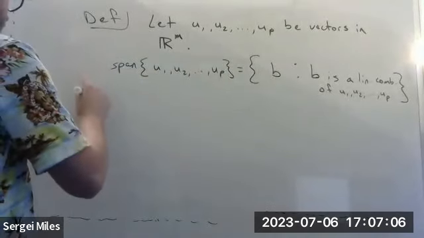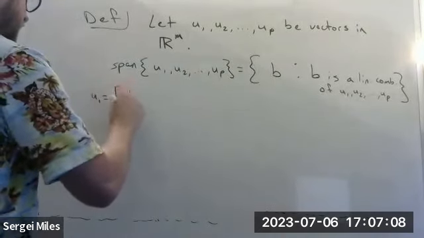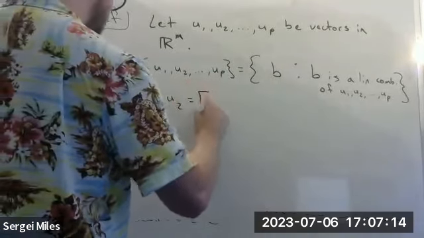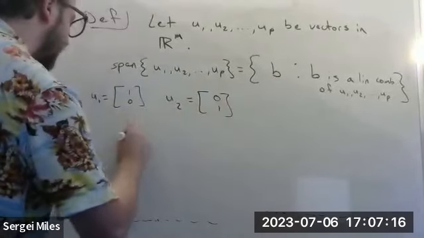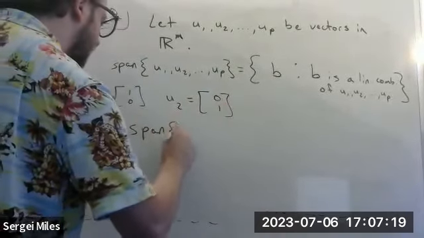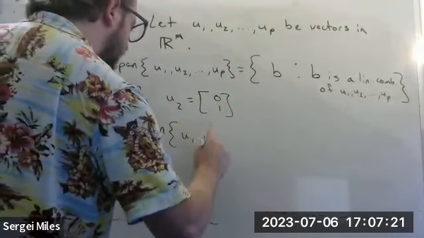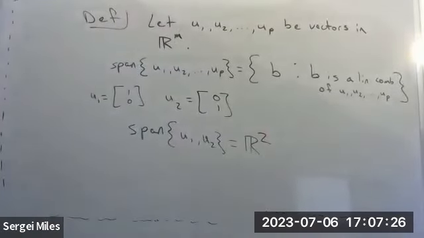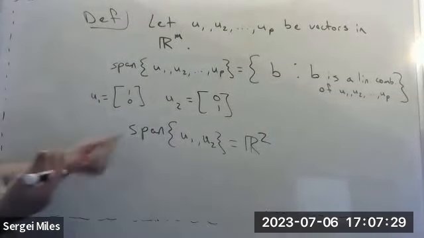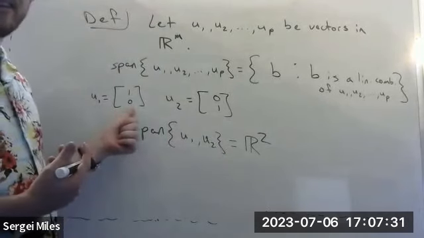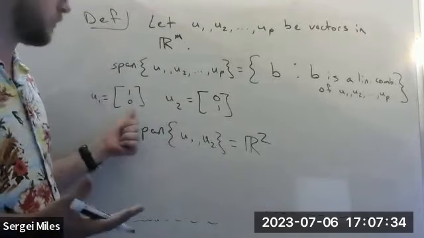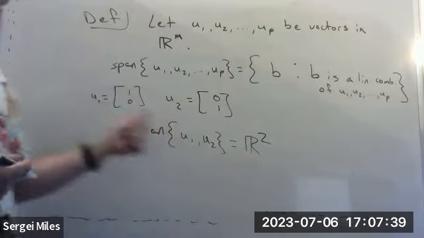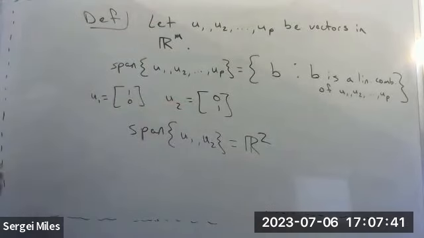So for example, if U1 is (1, 0) and U2 is (0, 1), then the span of U1 and U2 is all of R2. Why is that? Remember, as we saw in the lecture for section 1.3, every single vector in R2 is a linear combination of these two vectors.